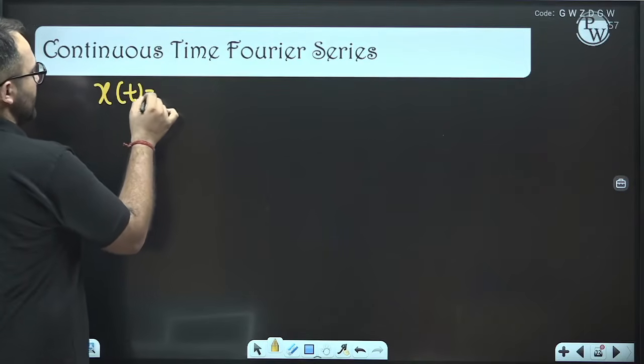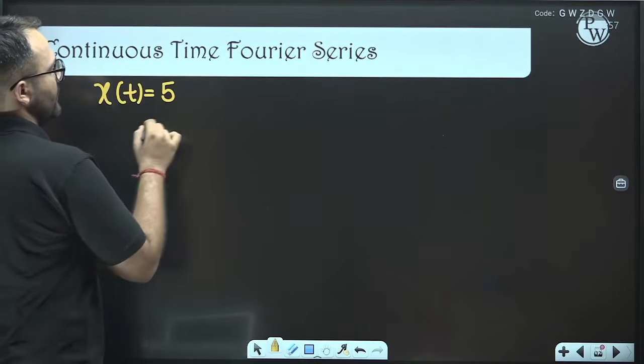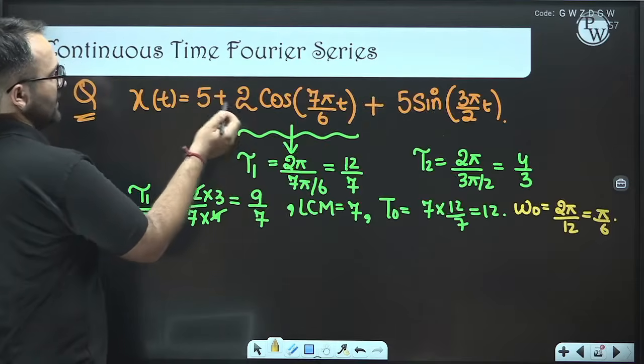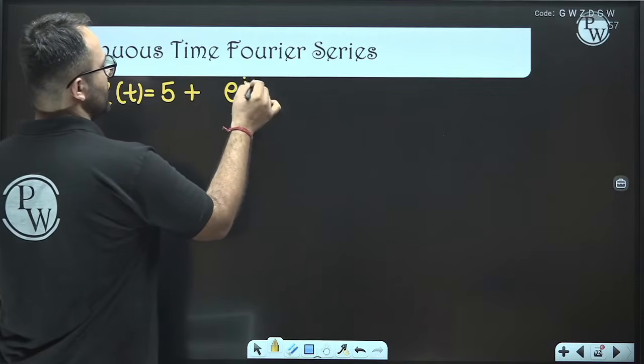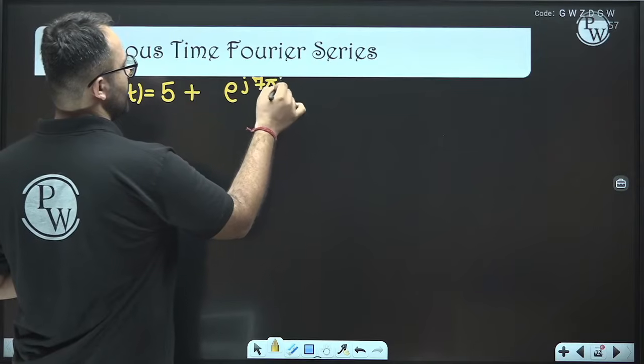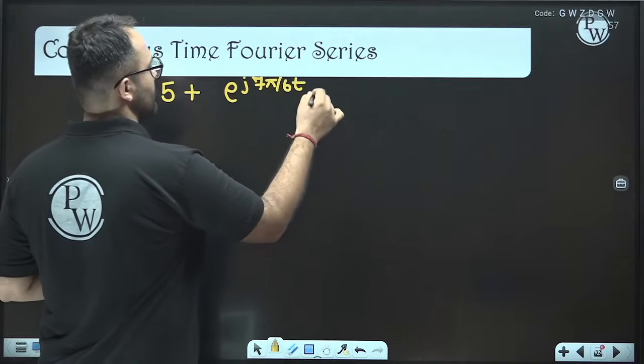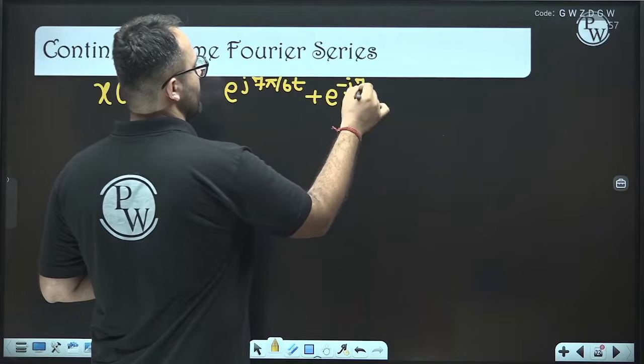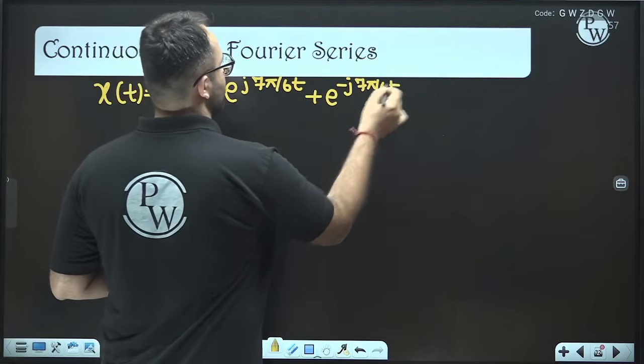So we can write x(t) is equal to 5, and this 2 will cancel out because e to power j 7 pi by 6 t, 7 pi by 6.